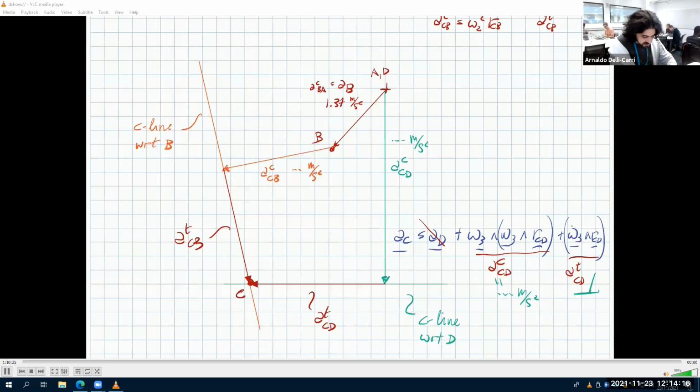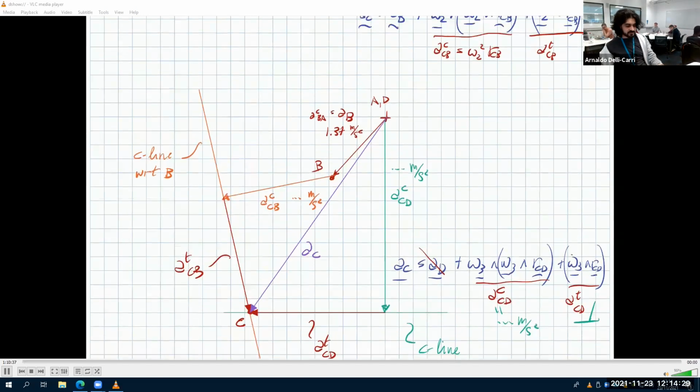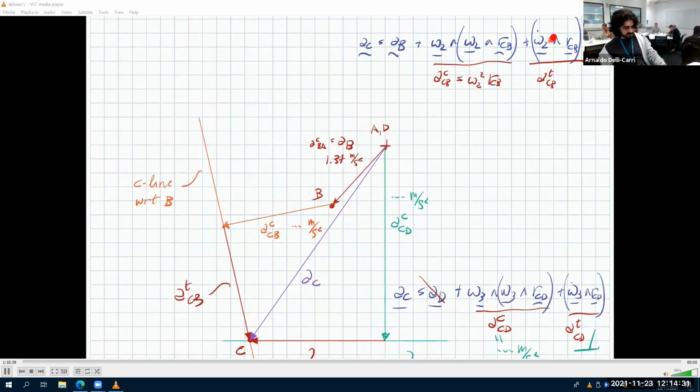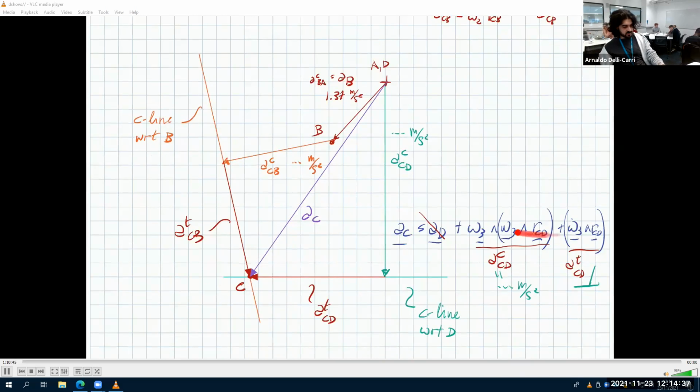So finally, I can say that AC is this vector. This vector is the acceleration of C. Agreed? We can go there in 2 ways. AC is this, 1, 2, 3, 1, 2, 3, or AC is this, 1, 2, 0, 1, 2. Agreed? We can get there in 2 different directions.